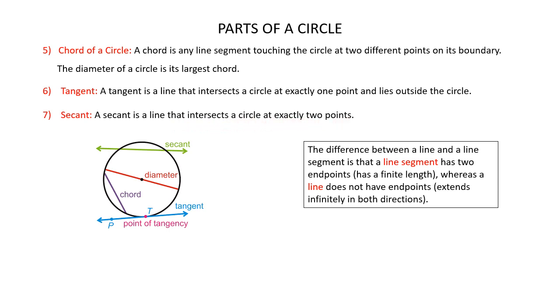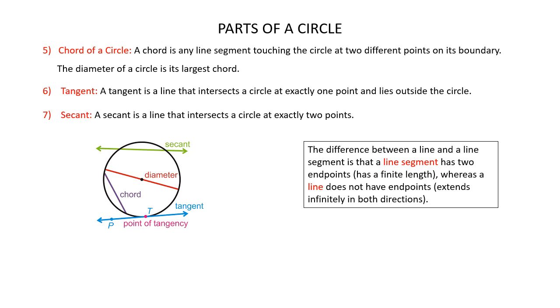Now here you can see that this line is the secant, and the secant intersects the circle at exactly 2 points. So tangent intersects the circle at exactly one point and lies outside the circle. A secant is a line that intersects the circle at exactly 2 points.